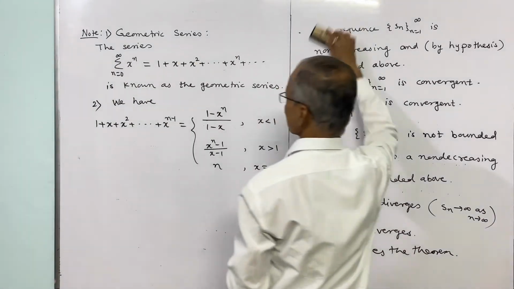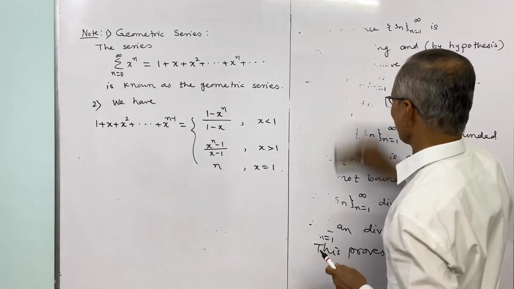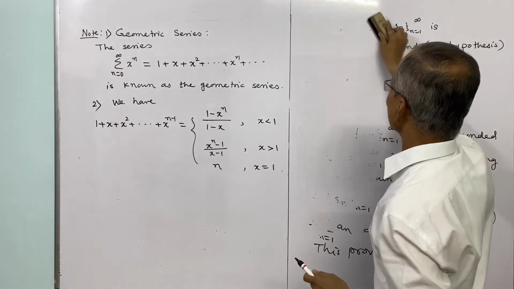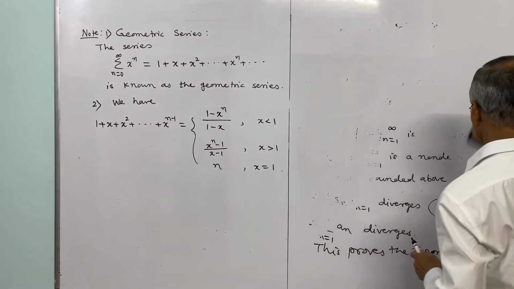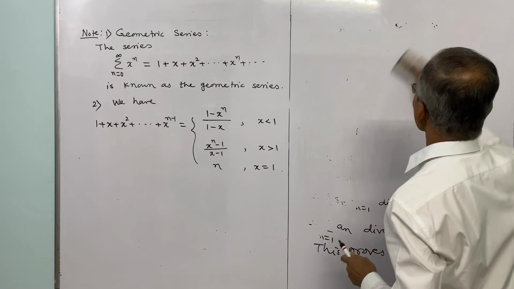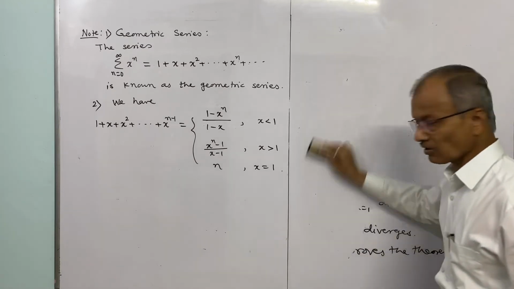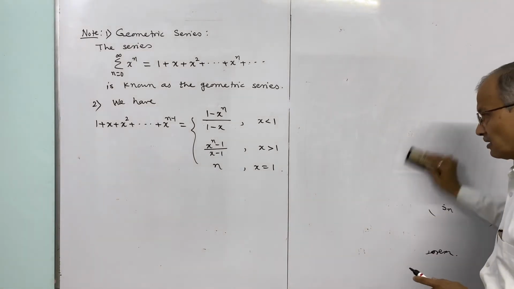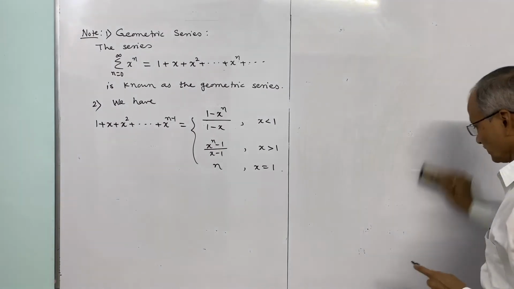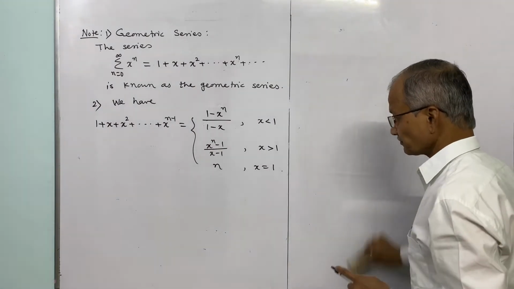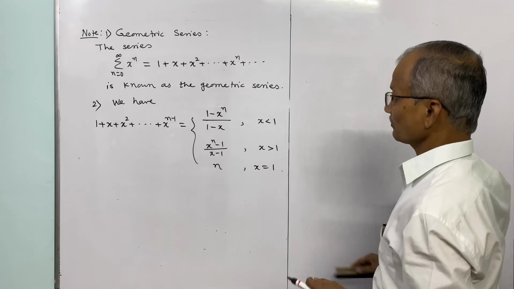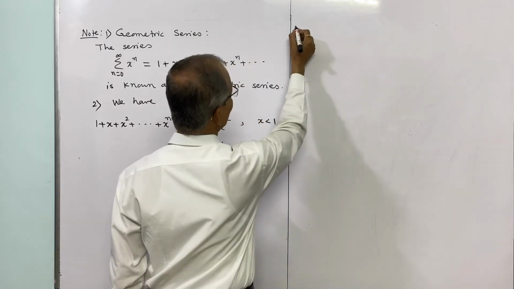Now we shall state a theorem related to this geometric series, and that will be our theorem number 4. We shall see when the geometric series is convergent and when it becomes divergent.